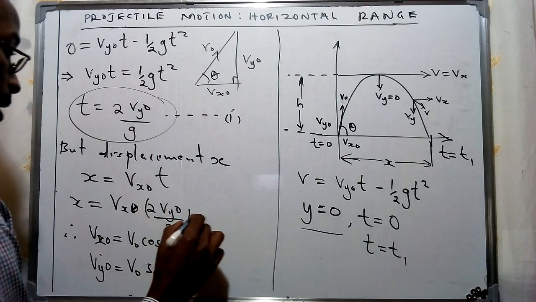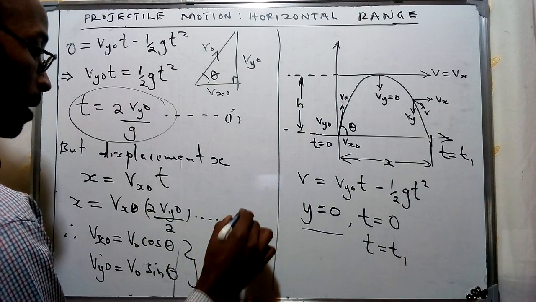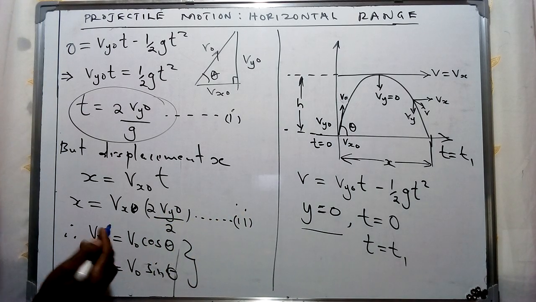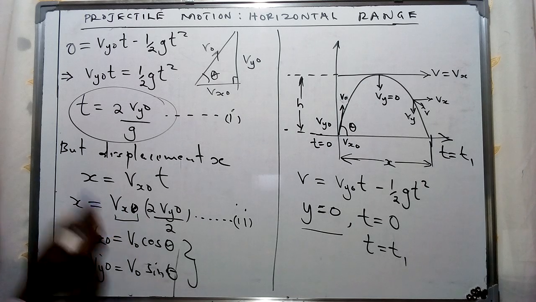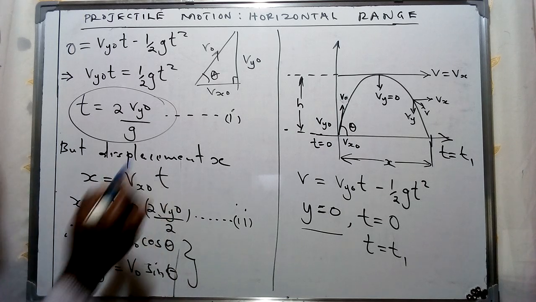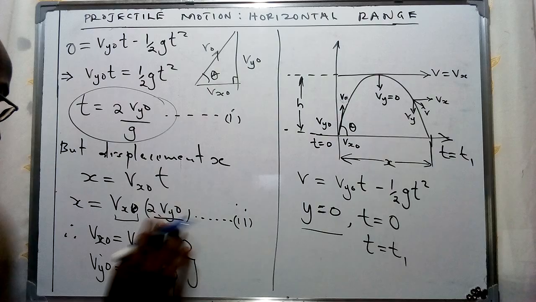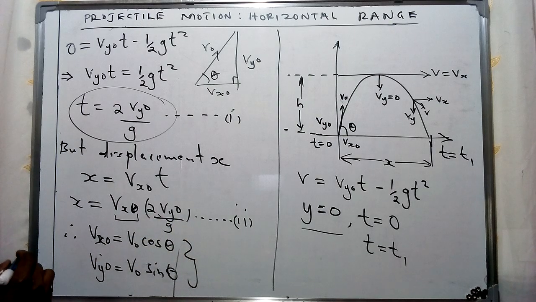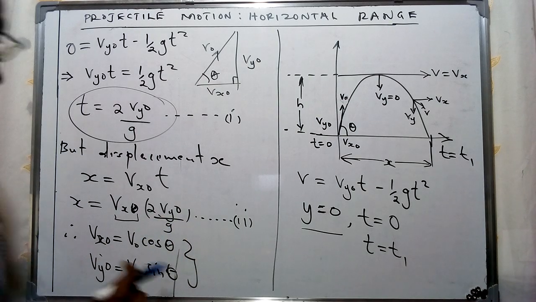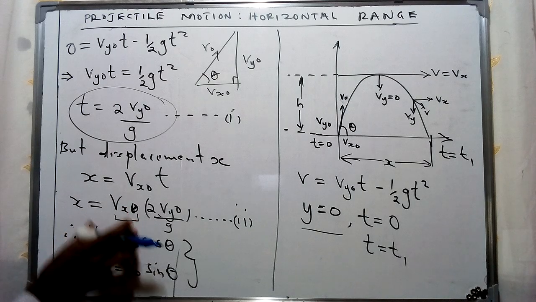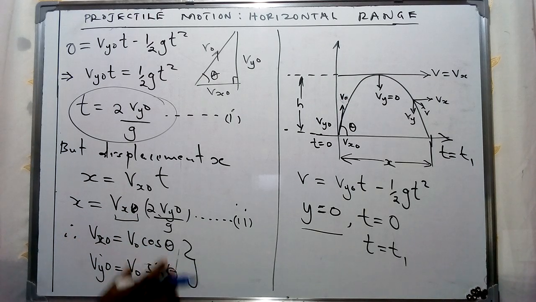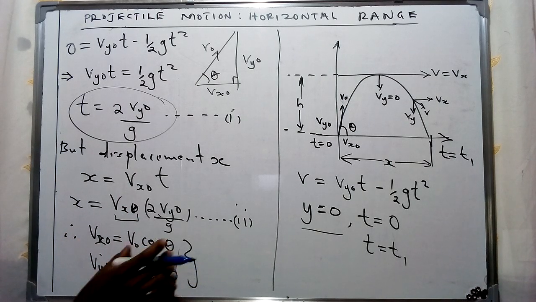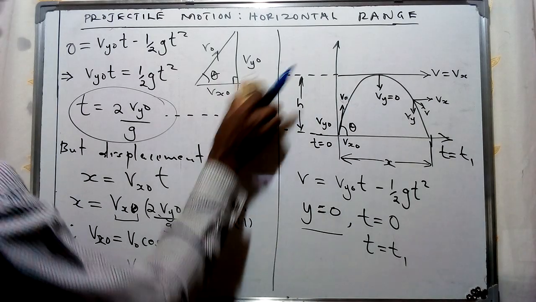Then we have our equation 2 for the displacement along the x-axis, which consists of the component of the velocity along the x and twice the y component, over g. So we rewrite this displacement in terms of these two terms which we have derived for the velocity components along x and y respectively.